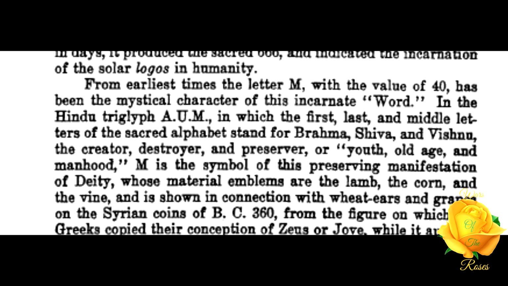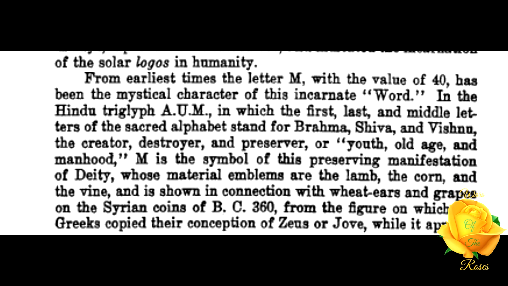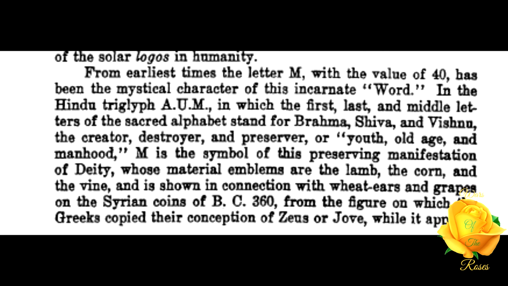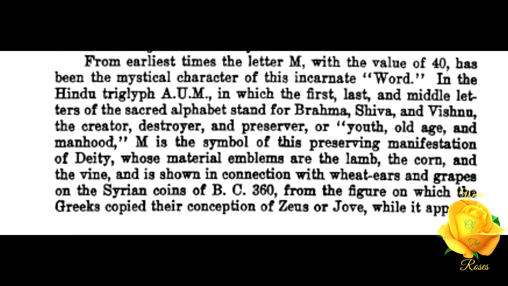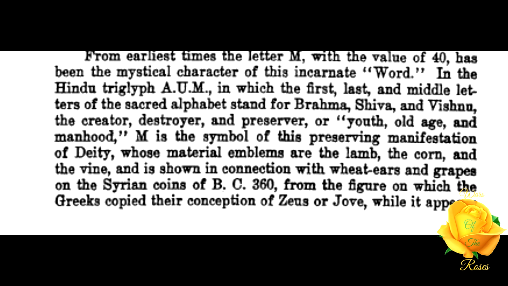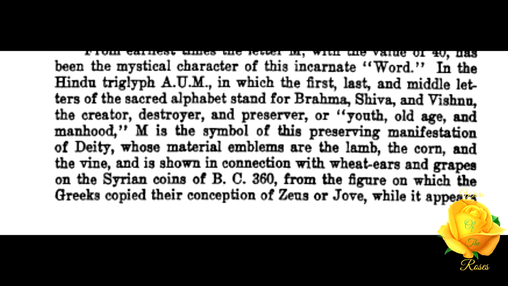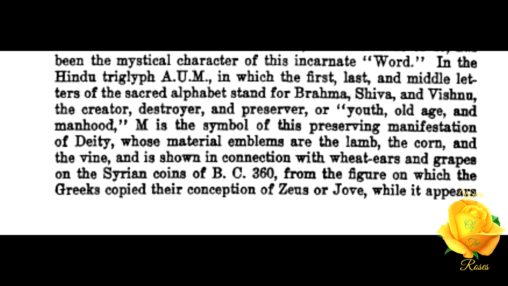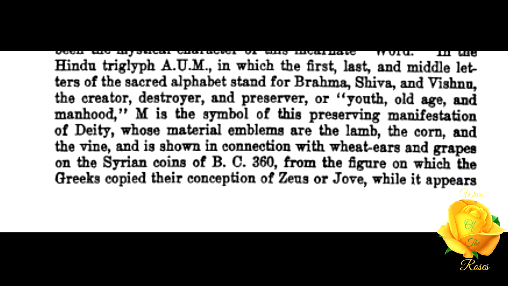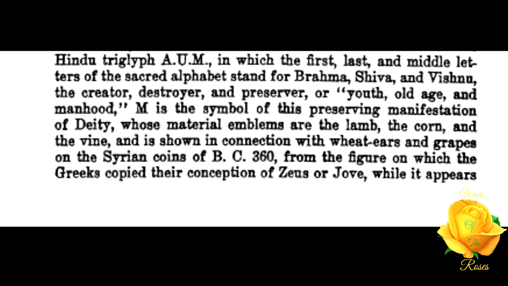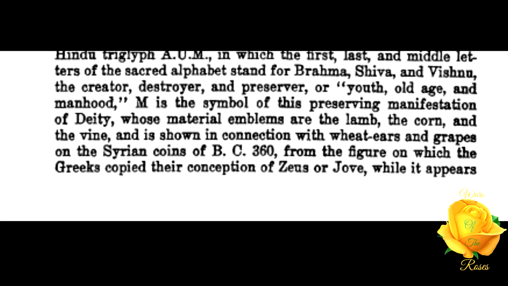From the earliest times, the letter M, with the value of 40, has been the mystical character of this incarnate word. In the Hindu triglyph AUM, in which the first, last, and middle letters of the sacred alphabet stand for Brahma, Shiva, and Vishnu, the creator, destroyer, and preserver, or youth, old age, and manhood.